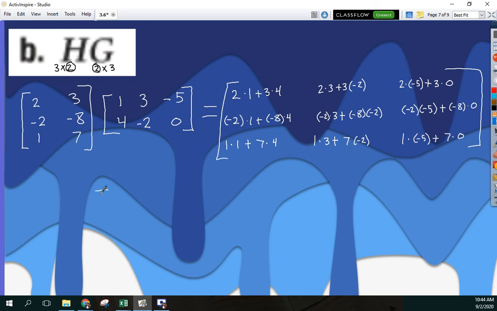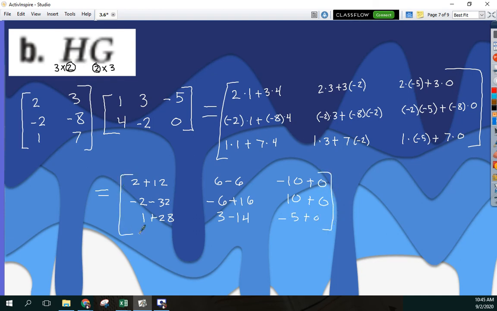Now, reducing all of those, we get 2 plus 12, 6 minus 6, negative 10 plus 0, negative 2 minus 32, negative 6 plus a positive 16, positive 10 plus 0, 1 plus 28, 3 minus 14, and negative 5 plus 0.